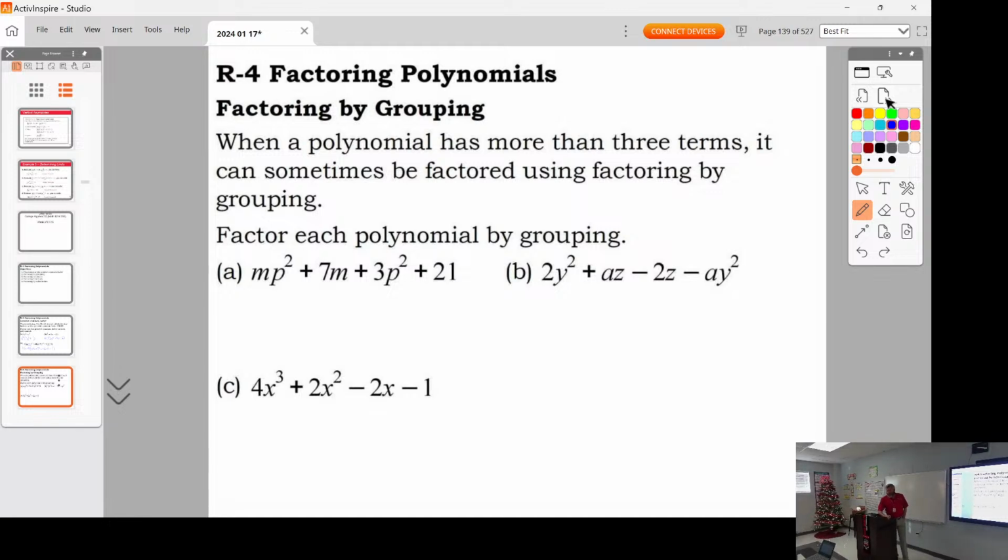Sometimes it's required to rearrange the polynomial. You might have to write it in a different order. Looks like this one will factor just fine in the order that it's in.